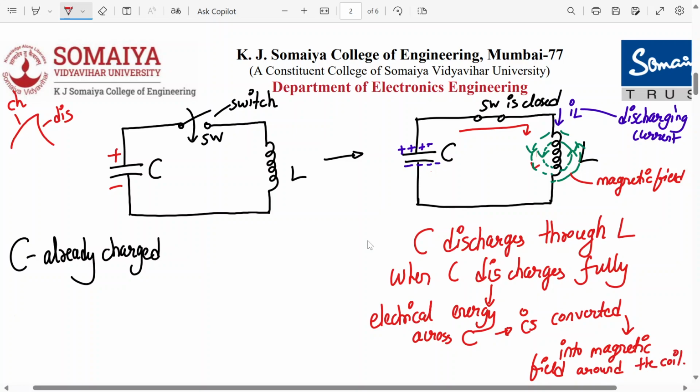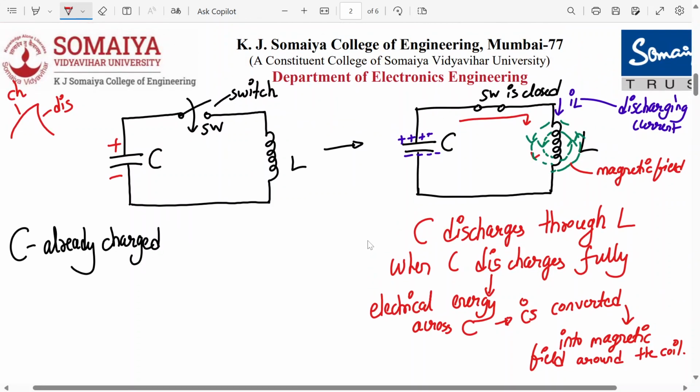That means once the capacitor is fully discharged, the magnetic field around the inductor begins to collapse and produces a counter EMF.